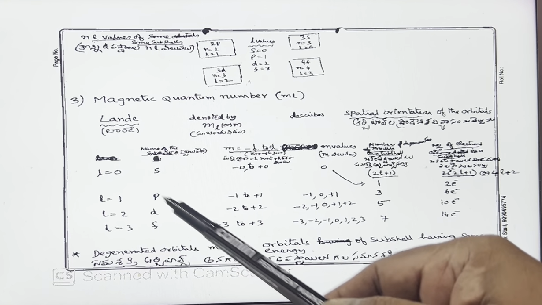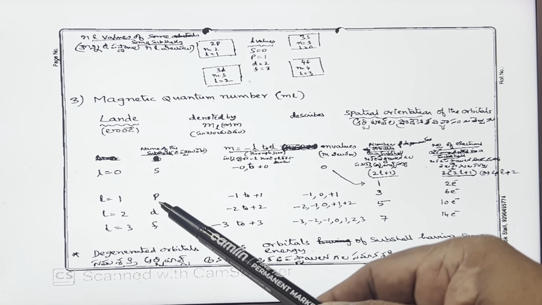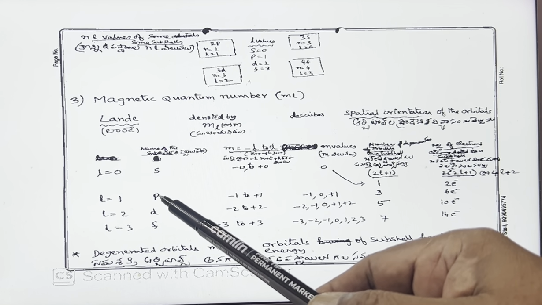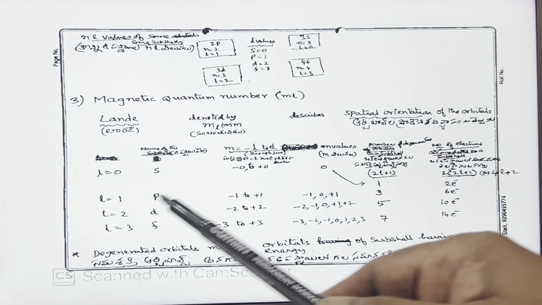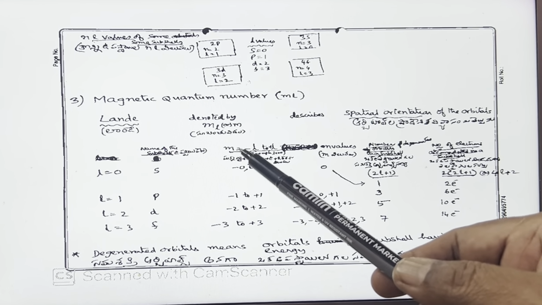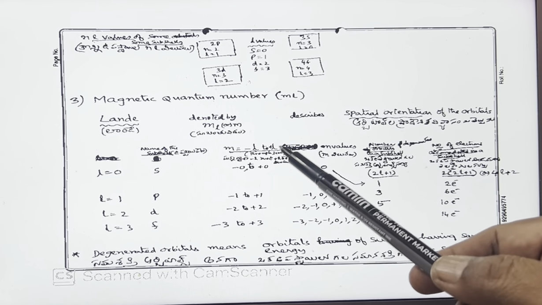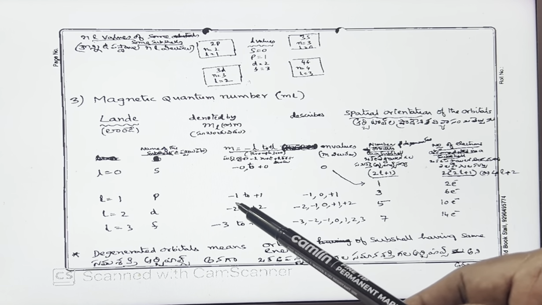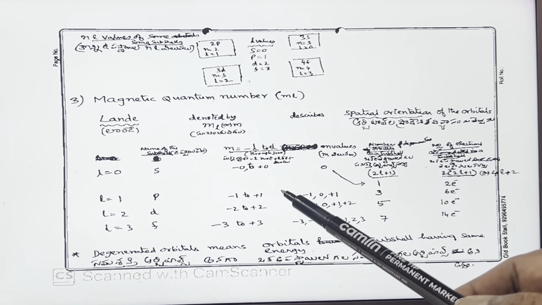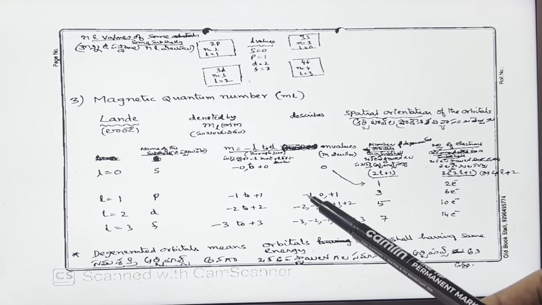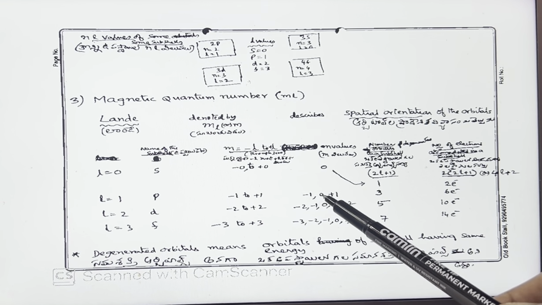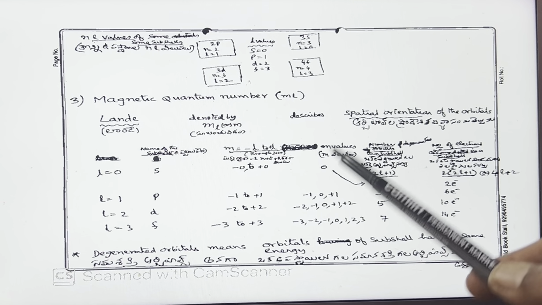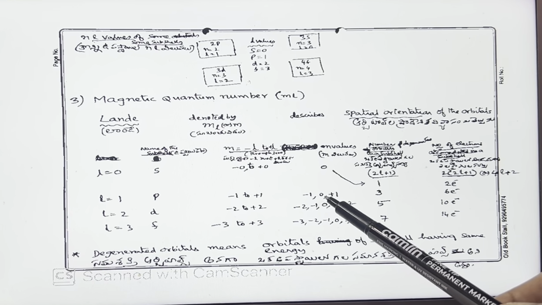For the p orbital, take the p subshell. The p subshell has l value 1. According to this, m takes values from minus l to plus l including 0, so minus 1 to plus 1. That means the m values are minus 1, 0, plus 1.